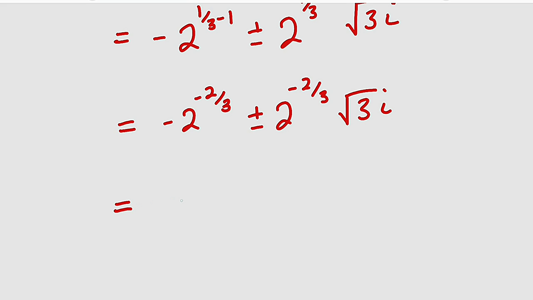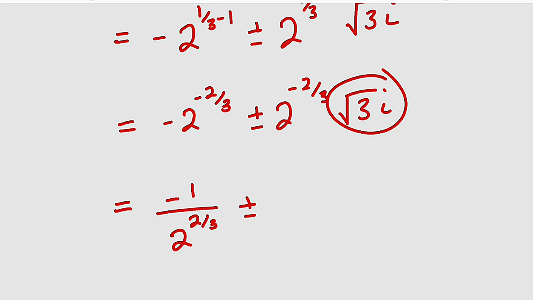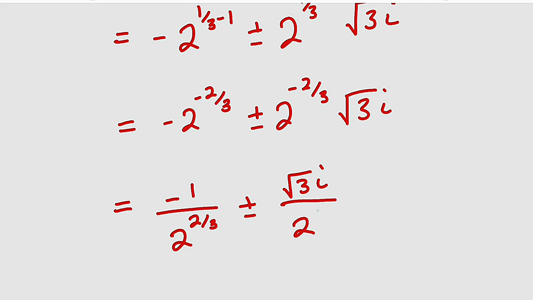And because the exponents are negative, we can drop them down, right? So this is equal to minus 1 divided by 2 raised to the power of 2 over 3 plus or minus 1 divided by, okay, I can even take this one to the top. We have root 3i divided by 2 raised to the power of 2 over 3.